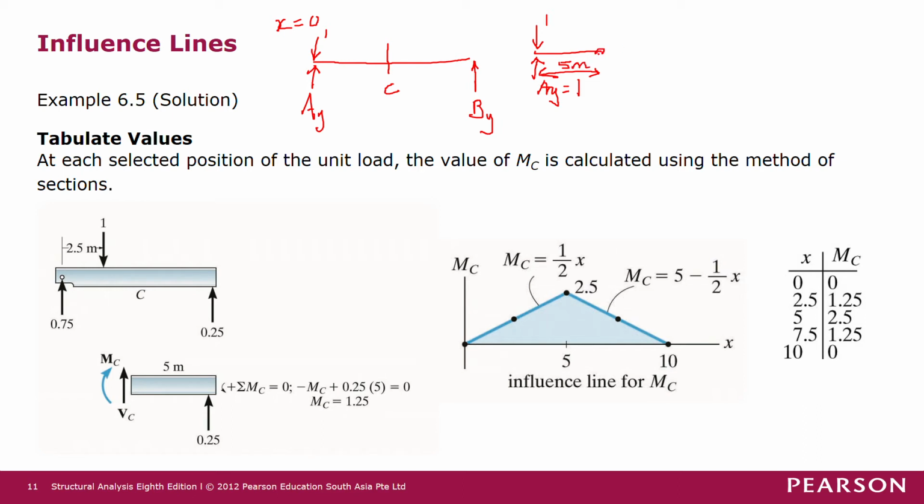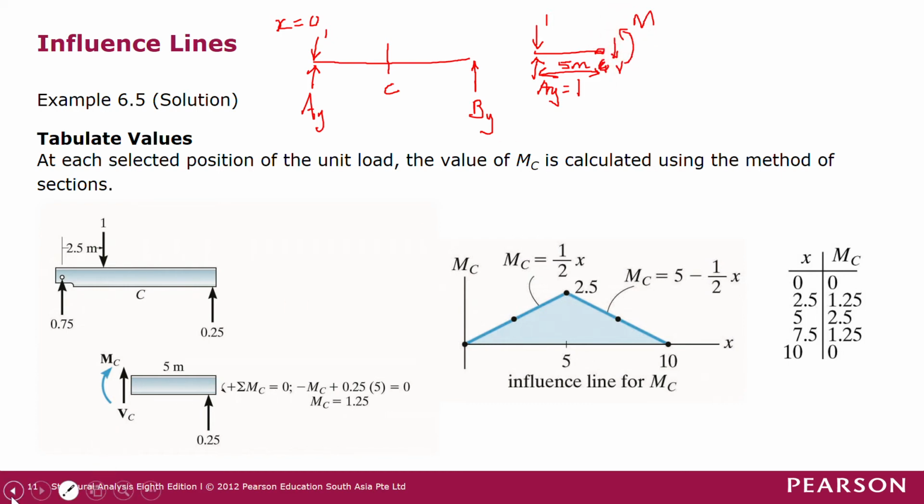This point is point C. When you cut across the section C, there must be a shear force and bending moment. As mentioned before, whenever you put an unknown shear force or bending moment, we follow the sign convention for positive bending moment and for positive shear.